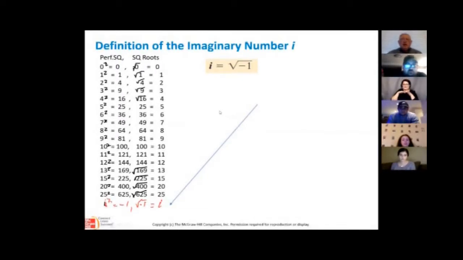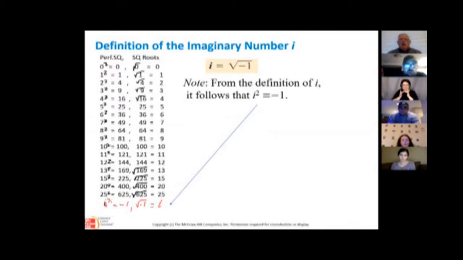These are numbers we can't graph. I've mentioned that in class previously, but yet they represent mathematical locations on graphs that are above or below the axis. Now, if this is true, then it follows that i squared equals -1.